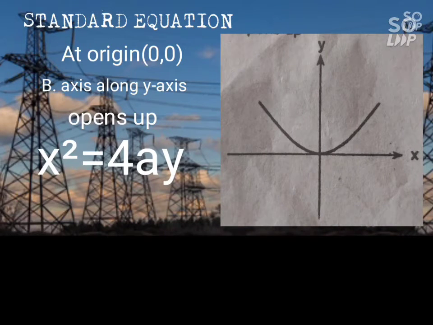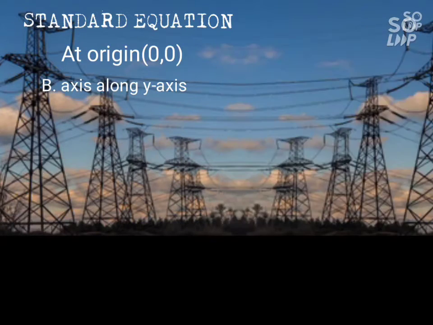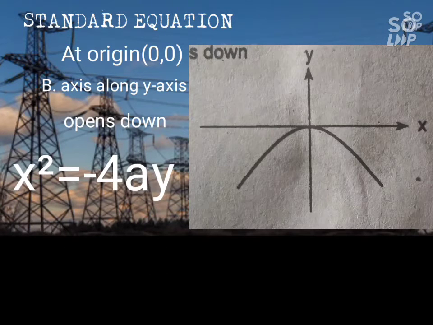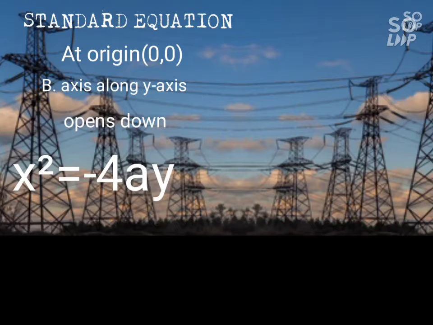Along the y-axis, if it opens up, then the equation is x squared equals 4ay. Along the y-axis, opens down, then the equation is x squared equals negative 4ay.